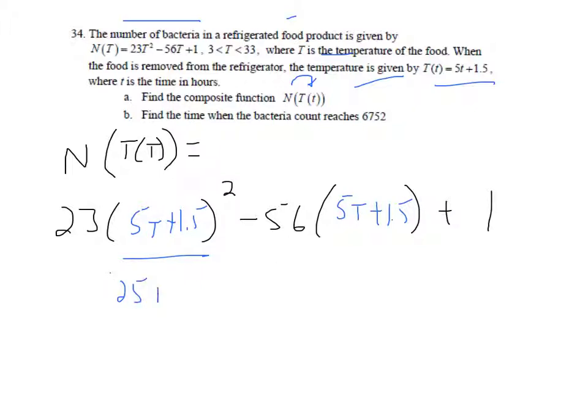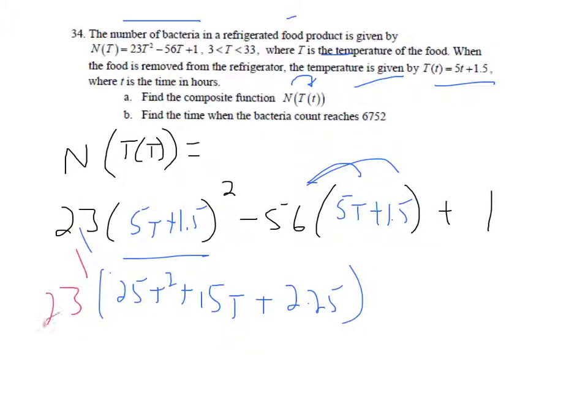So 25t squared plus 7.5, and 7.5 is 15t, plus 1.5 squared is 2.25. And you'd have to distribute the negative 56 through. You get the idea. And combine like terms. Or we'd have to distribute the 23 through also, then combine like terms.